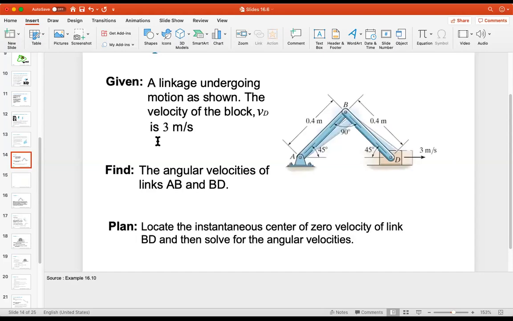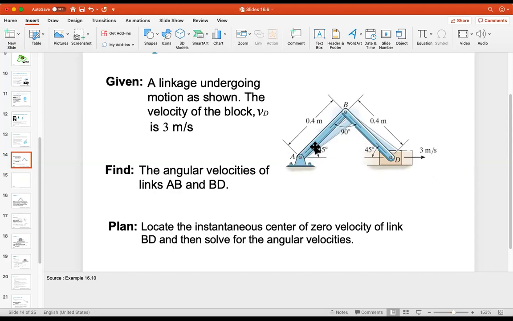So we have a surface, and we have a block which slides along the surface, and we have a pivot point here at A, and this block has a known velocity, and you can see what's going to happen as the block moves to the right.